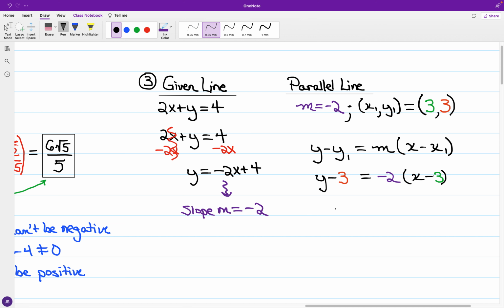So this is the point-slope equation, but I'm looking for the slope-intercept. Upon continuing, you have y minus 3, and now I can distribute negative 2 over the quantity x minus 3. So this will become negative 2x plus 6.